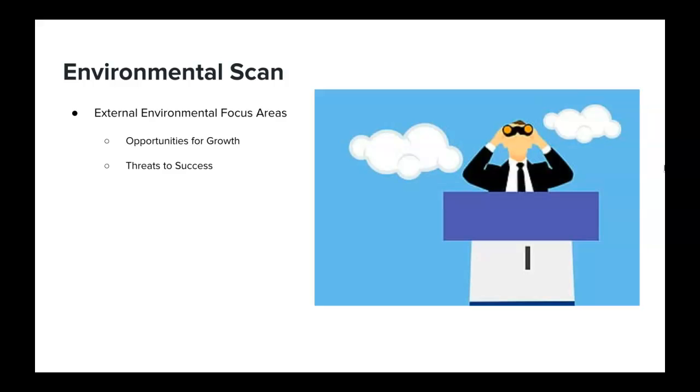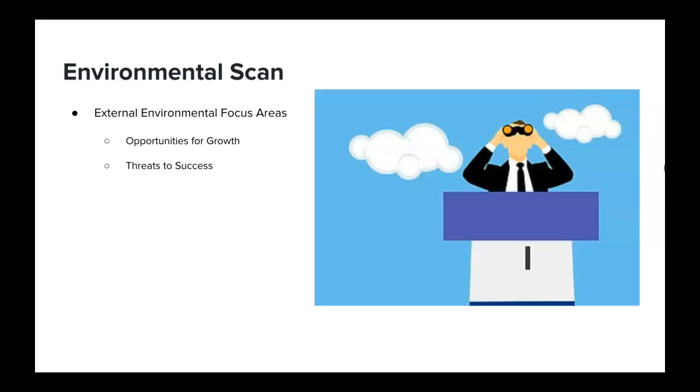Now, next, we want to look at the external environmental focus areas. And these are areas that might not be within the district directly, things that are going on, what's happening in the community. And this might be connected to having communication with somebody like the Chamber of Commerce, or other community groups.